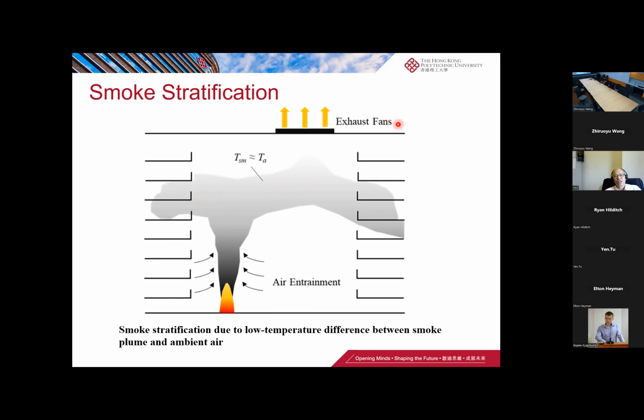Normally the smoke extraction system is activated by the smoke detector automatically. If the detection system does not work, the smoke extraction system will not work. So stratification will affect the detection system and the smoke extraction system. This is a problem.